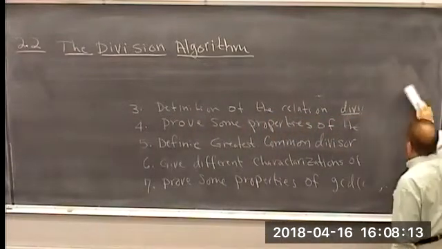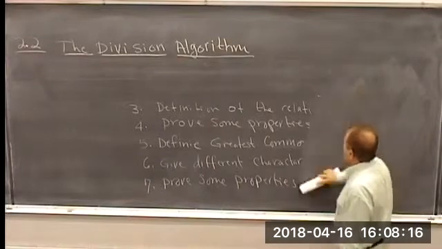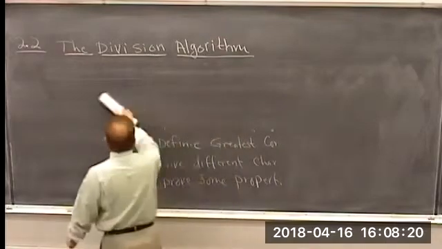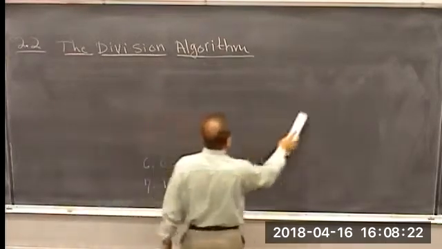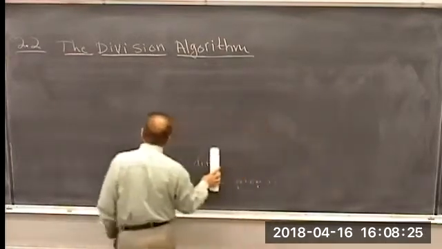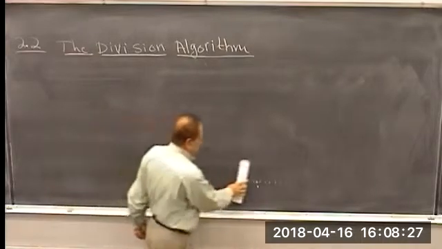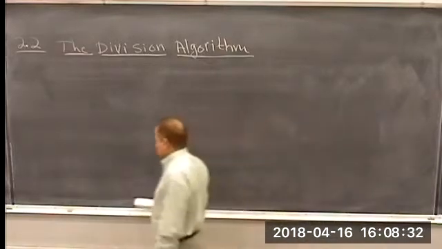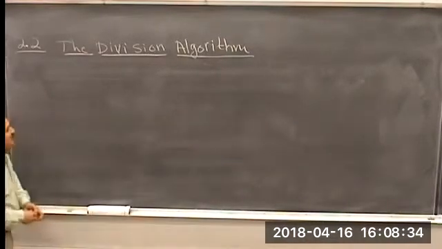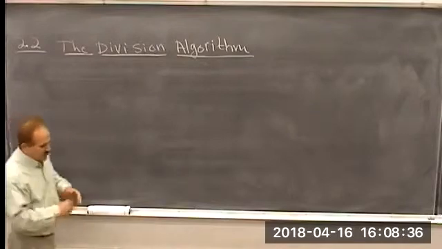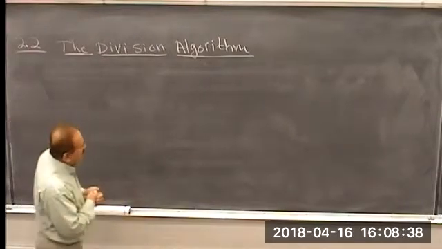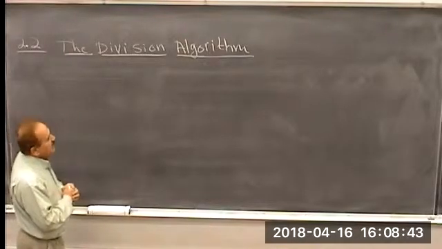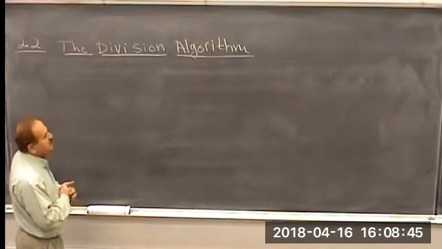First, the division algorithm gives the outcome of dividing an integer by a positive integer. All right? So when you divide an integer by a positive integer, it could divide, let's say, evenly, and then we come up with the result of this division, just a single number.